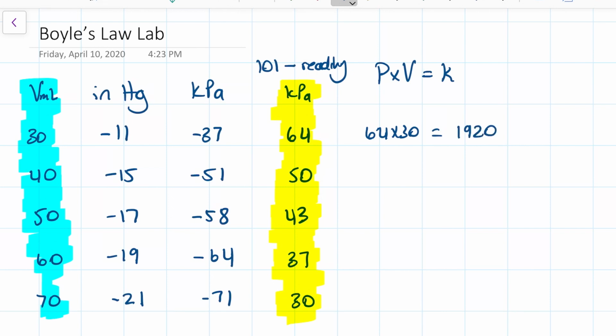Now, if this is halfway good, my next constant should be very similar to that. So 50 times 40, I get 2000. That's not bad considering I have a leaking vacuum pump. My seal was leaking and my fittings were leaking. Okay, so let's keep going. That's actually pretty good. 43 times 50, 2150.